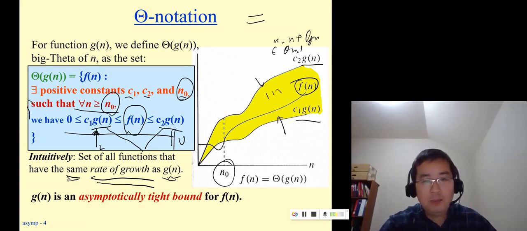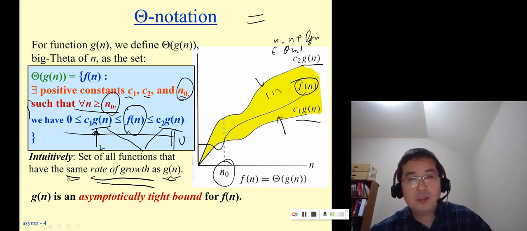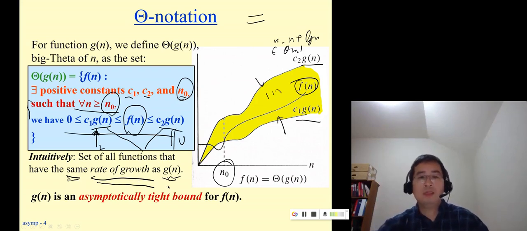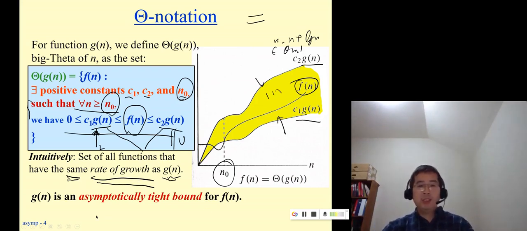Rate of growth means we are looking at large n, not small n. So with the size of n increasing, it has the same rate of growth as the representative complex function g of n. That's the meaning. And g of n gives the name to it: it is called an asymptotically tight bound for f of n.